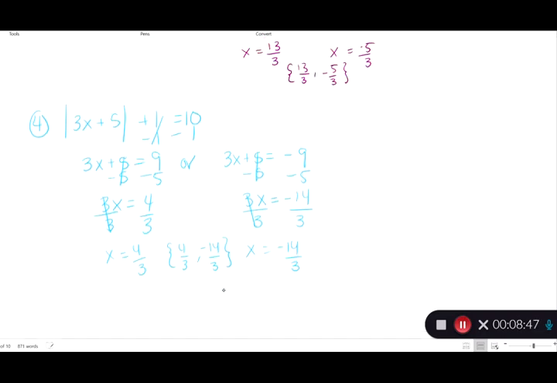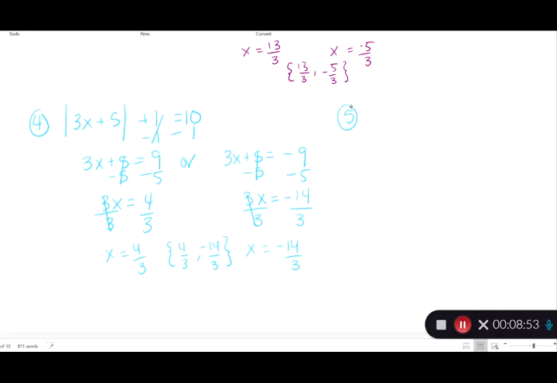Okay, and one more. Let's see, it's negative 1 plus the absolute value of x minus 10 equals 8. Okay. So this one, again, it's equal to a positive, so it's okay, but we need to move everything that's outside of the absolute value before we start working.